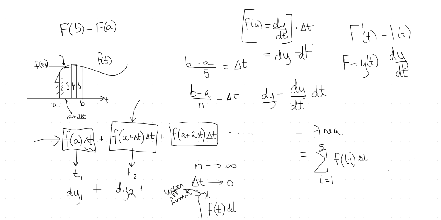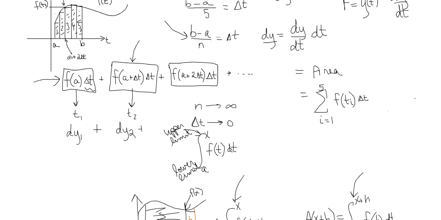Now, all of the principles we spoke about before still apply, in that this is a very rough estimate. As you can see, there's still error. To make this more precise, we would decrease delta t, and we know how to do that. We simply let the number of intervals go to infinity. And that is nothing more than our integral operation.